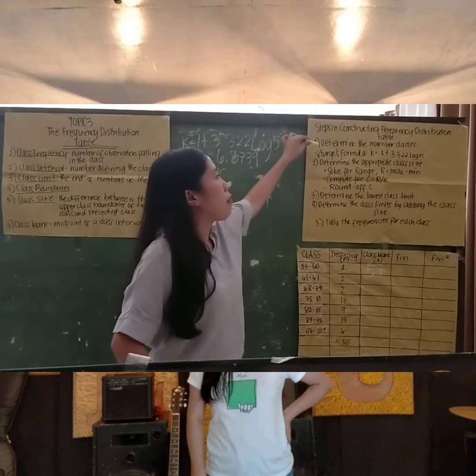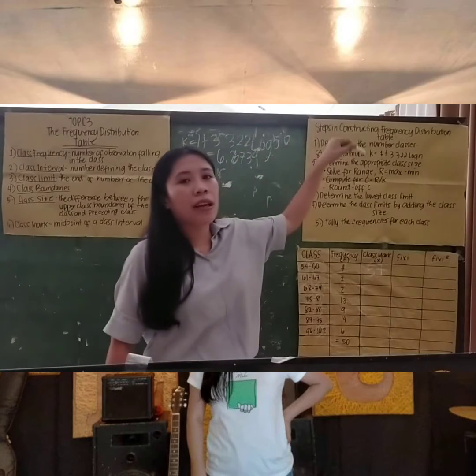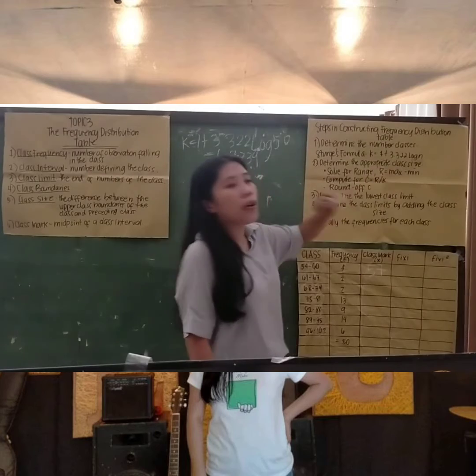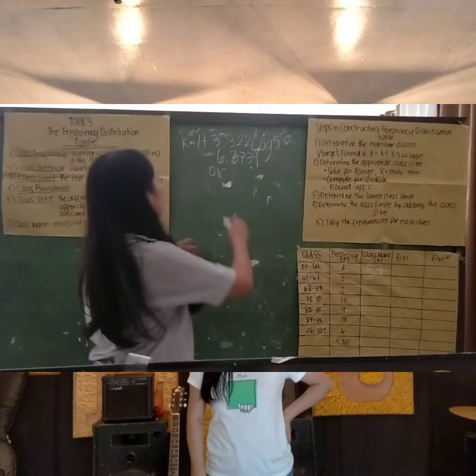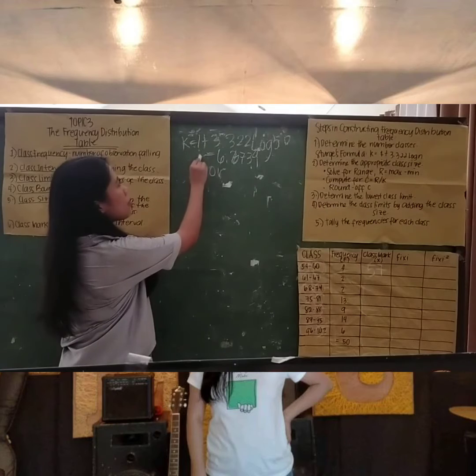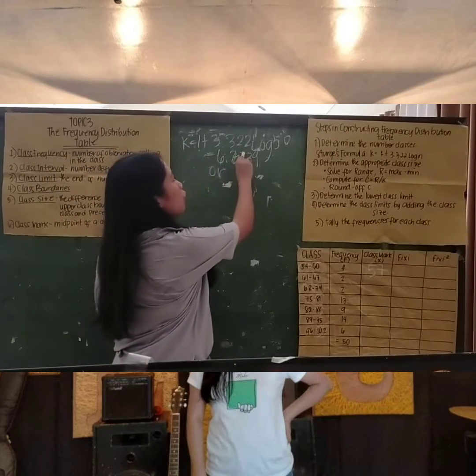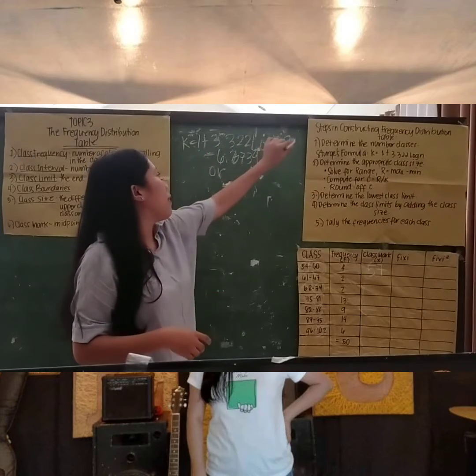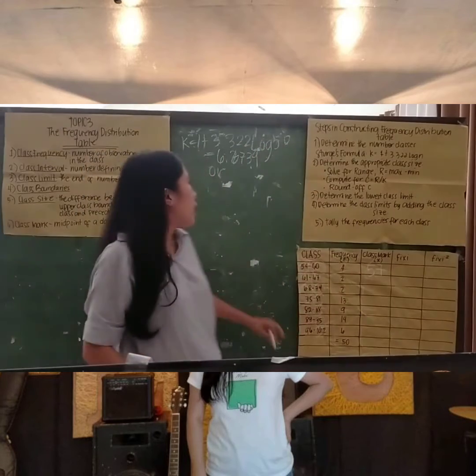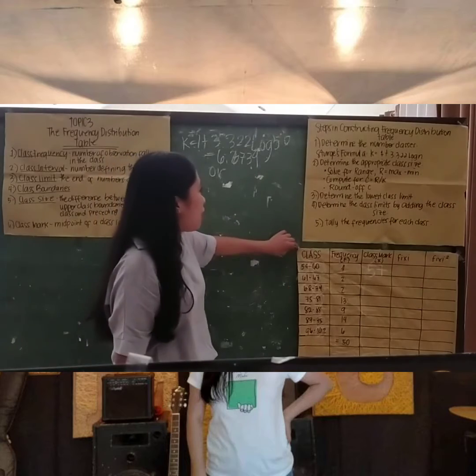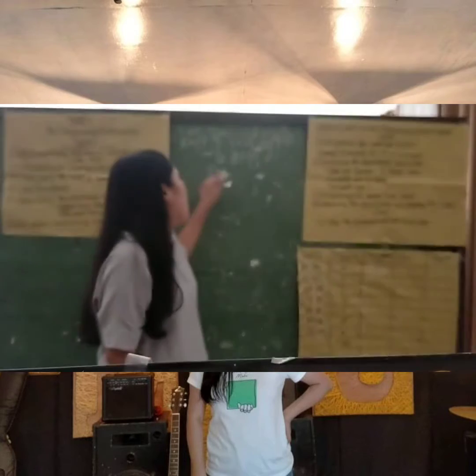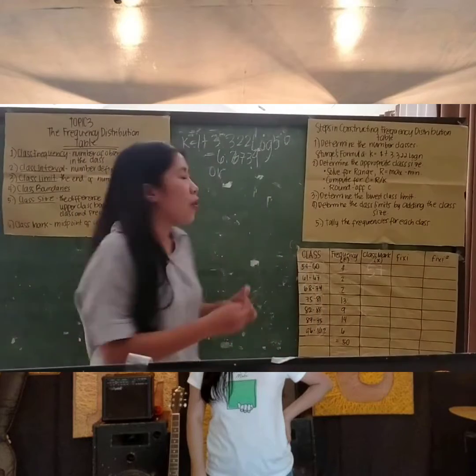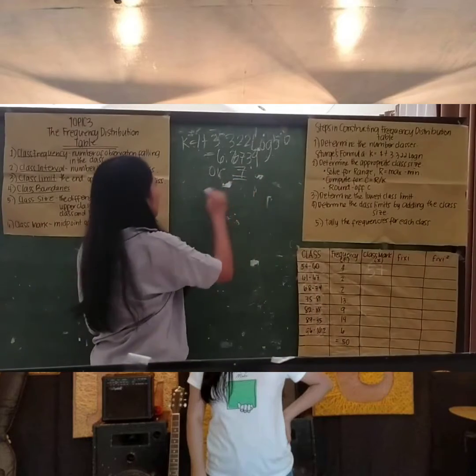So K equals 1 plus 3.322 log 50, because 50 is our N. The result is 6.6739, or 7.